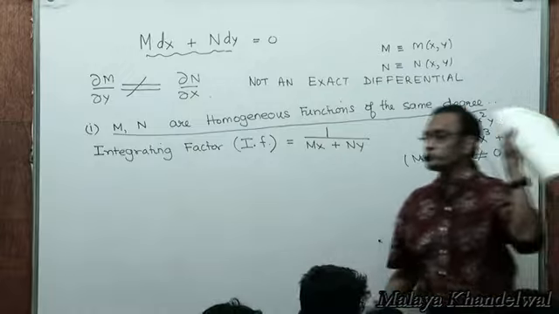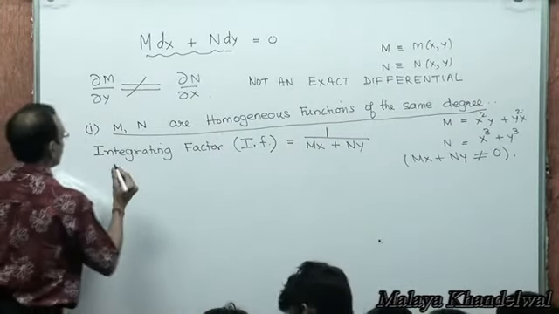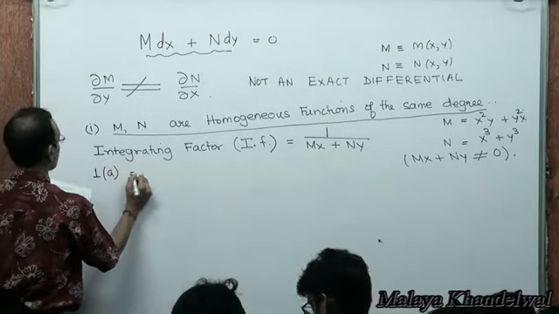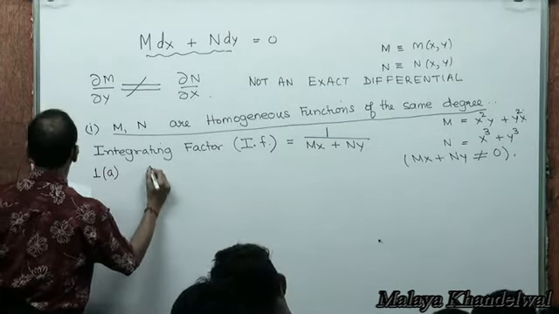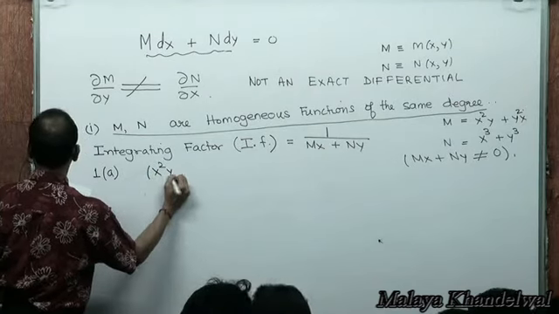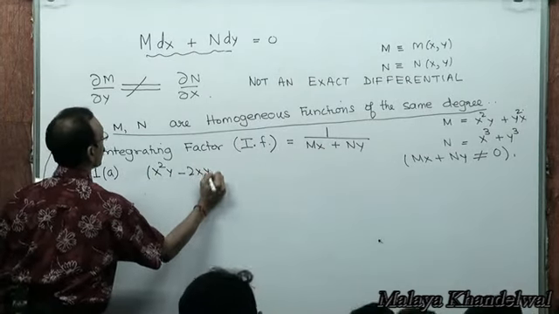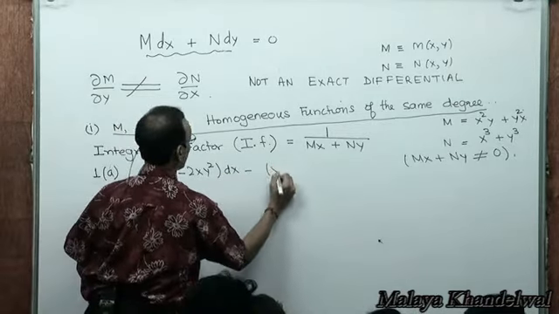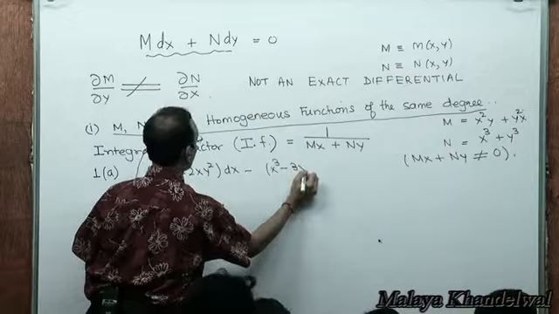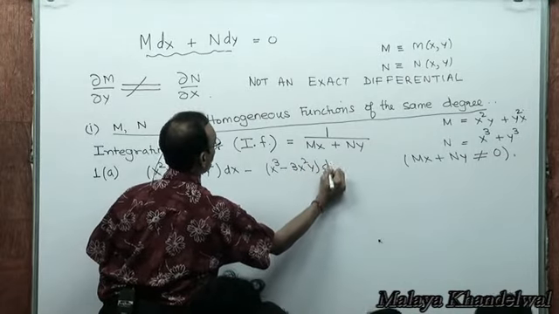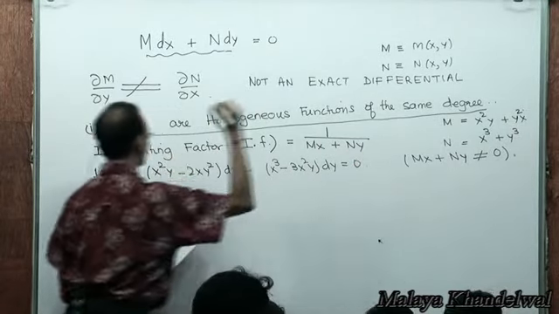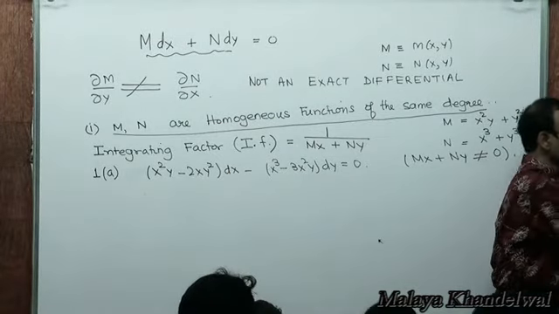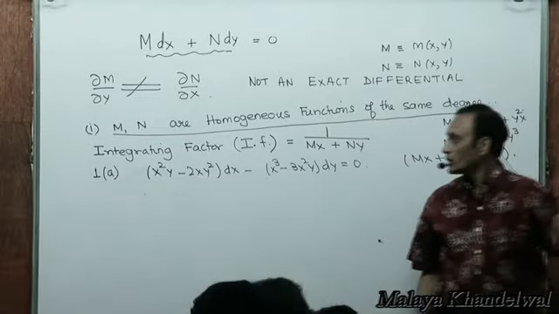So there is the first problem of the sheet. Look at the first problem of the sheet, 1a, which is like (x squared y minus 2xy squared) dx minus (x cube minus 3x squared y) dy equal to 0. Look at this.